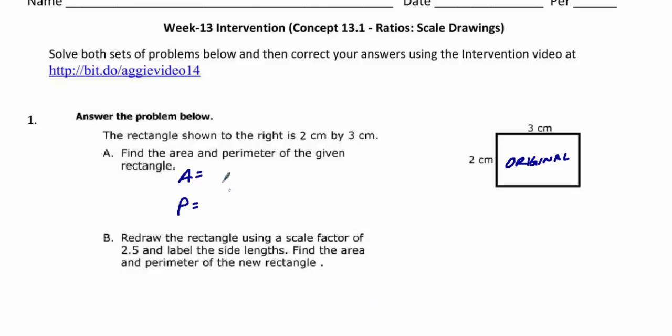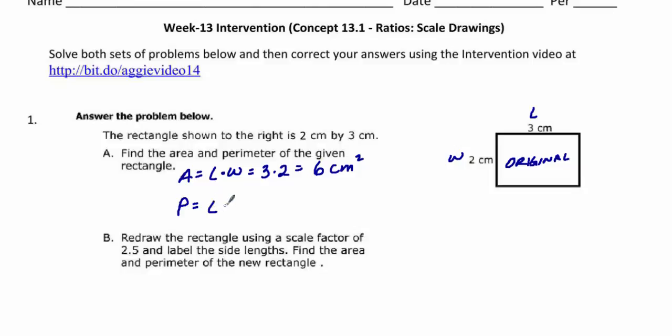So the area of the original, area is always length times width. Length, width, doesn't matter really what you call it, but length times width, which in this case is 3 times 2, or a total of 6 centimeters squared. Area is always done in squared units.